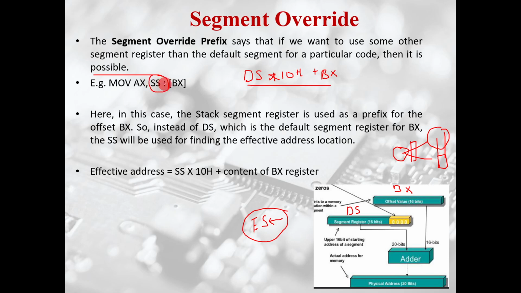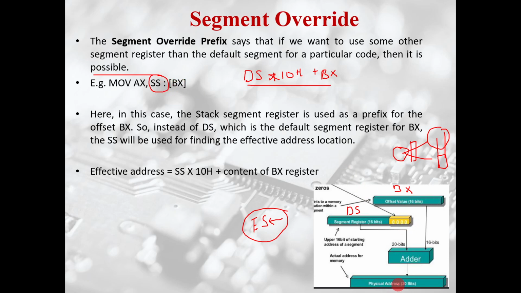If I don't do segment override, the physical address will be computed by taking DS as the default segment register, with 4 zeros appended, so this becomes 20-bit data. The contents of DS go in the most significant 16 bits of a 20-bit register, and the offset value is taken from here.